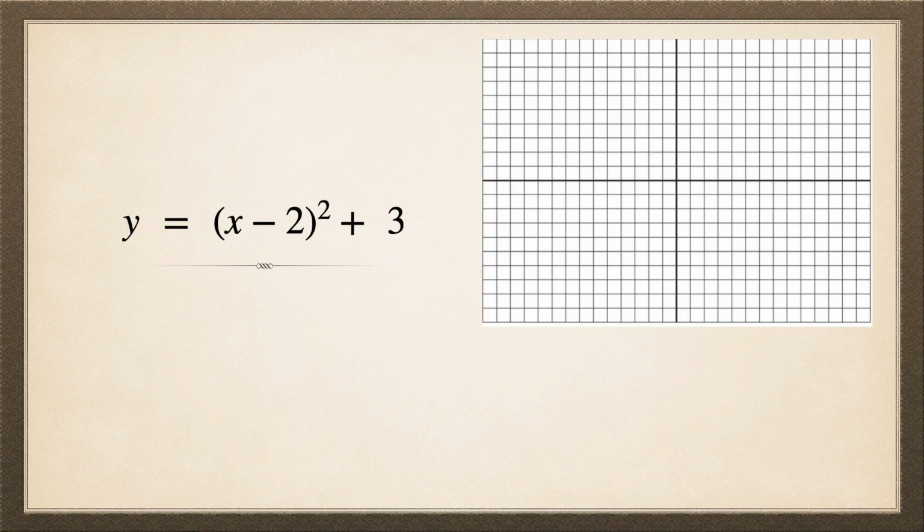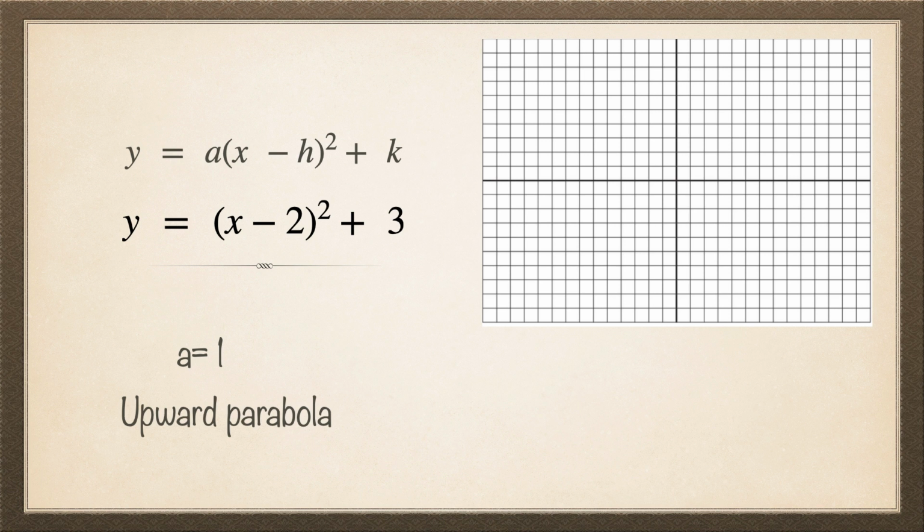Here we have this, and I need to recognize that this equation is in vertex form. Okay, so what do I know? Well, I know that a is going to be equal to 1, because it's an invisible 1 there. So a is 1, and that means that that is going to be an upward parabola.